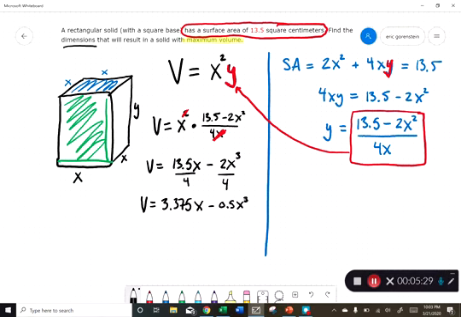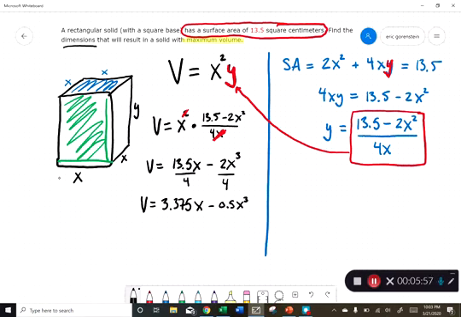Okay, so now we have volume as a function of the length of one of the sides of the base. And to optimize this, so to maximize the volume, well, maximums and minimums could only happen at critical numbers. And a critical number is where the derivative is equal to 0.